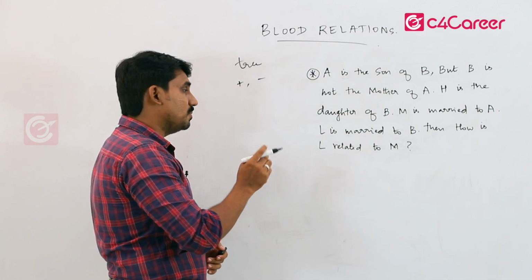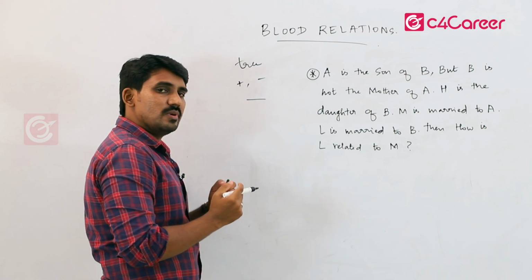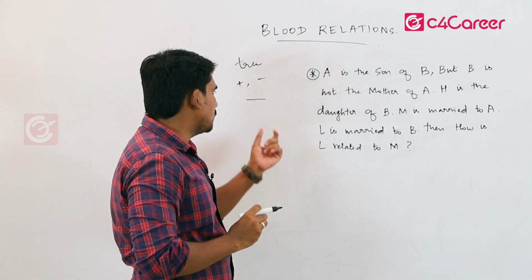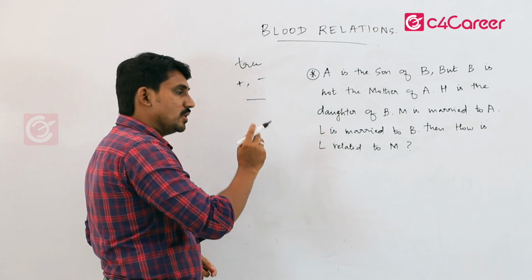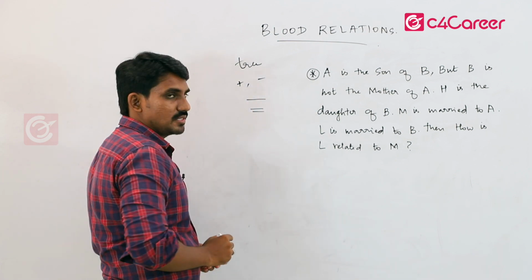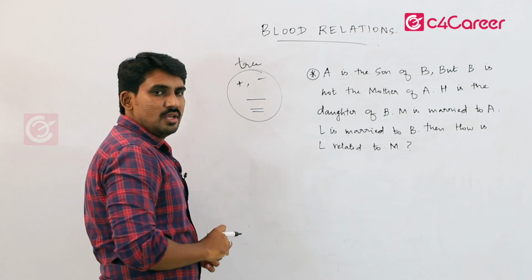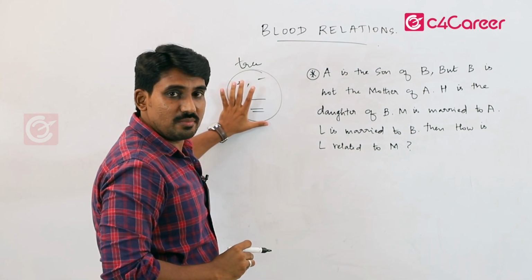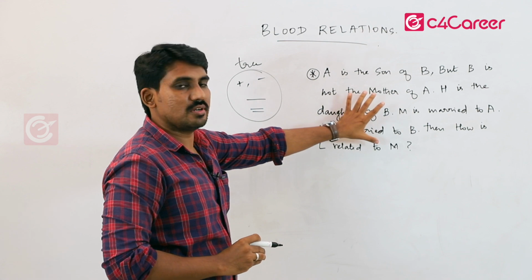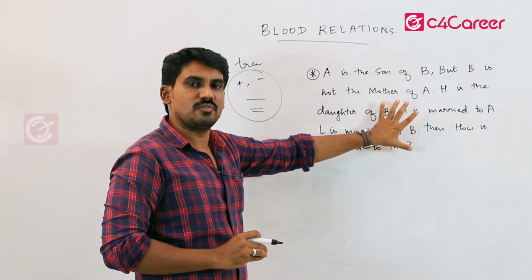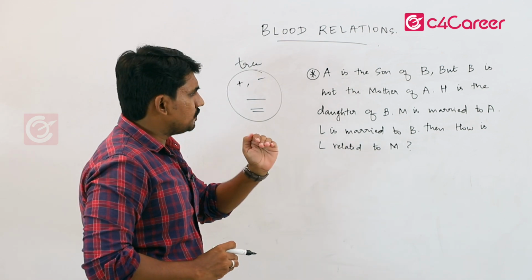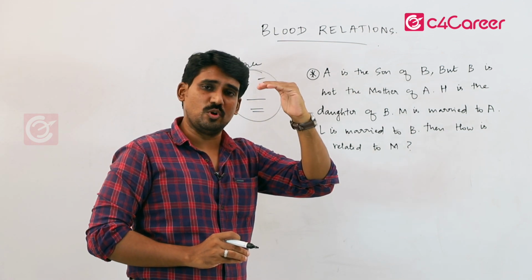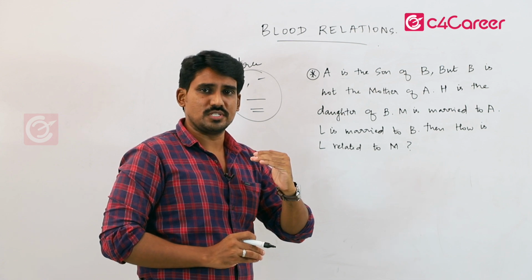Then for siblings, brother and sister, put a single dash between them. And for couples, use a double dash. These are the simple notations used in the family tree. Whatever statement is given, we convert it into a family tree. Father means above generation, son or daughter means lower generation.